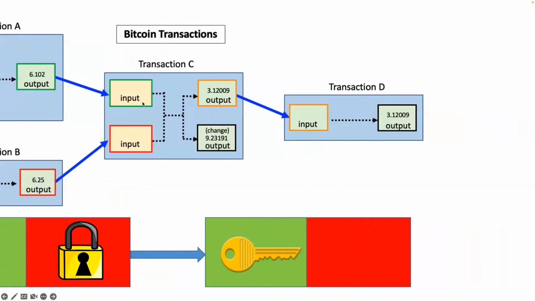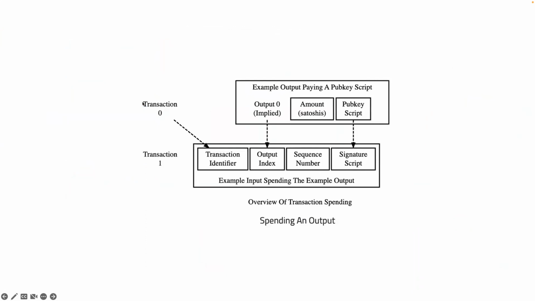To get this more precise, let's zoom in to see what's in the input and what's in the output. If you first look at the output, this is a simple example. The output contains two parts. For example, output 0 here has the amount, the number of bitcoins in satoshis included in this output.